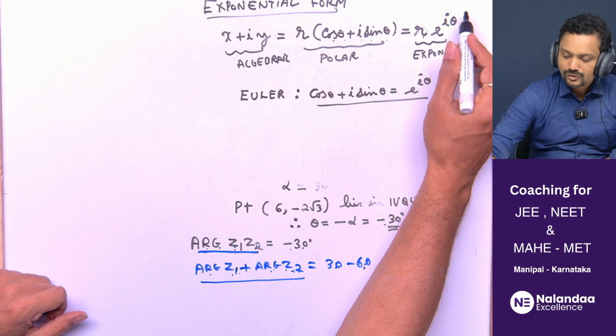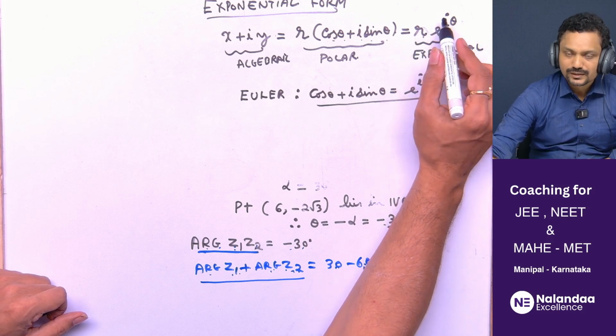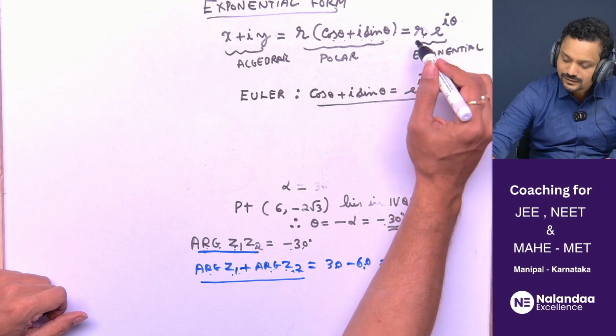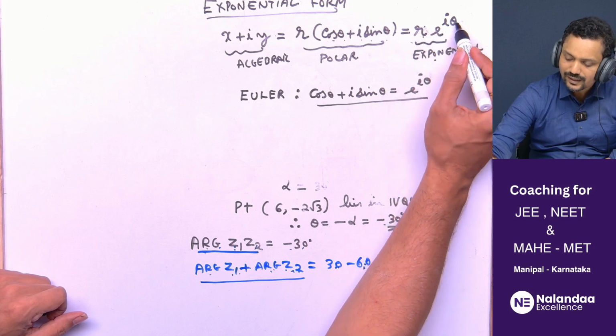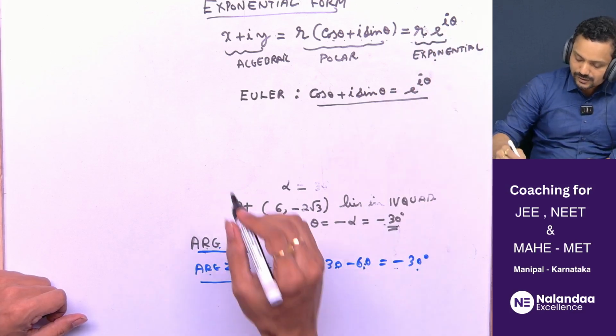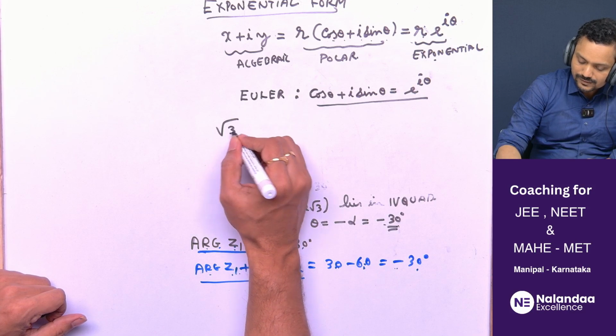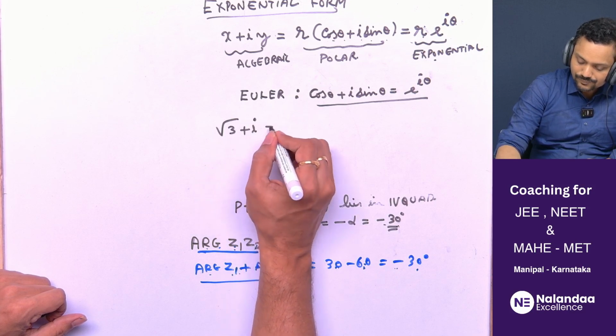Now there is no special method to find the exponential form, because even in exponential form you have to just find r and theta. That's it. Just now we had this complex number root 3 plus i.